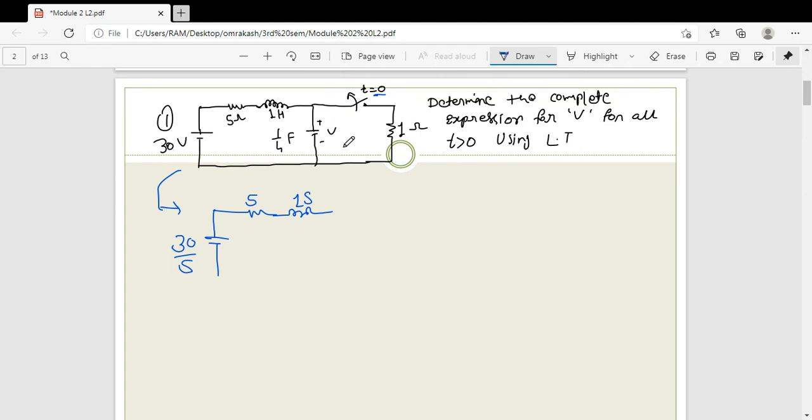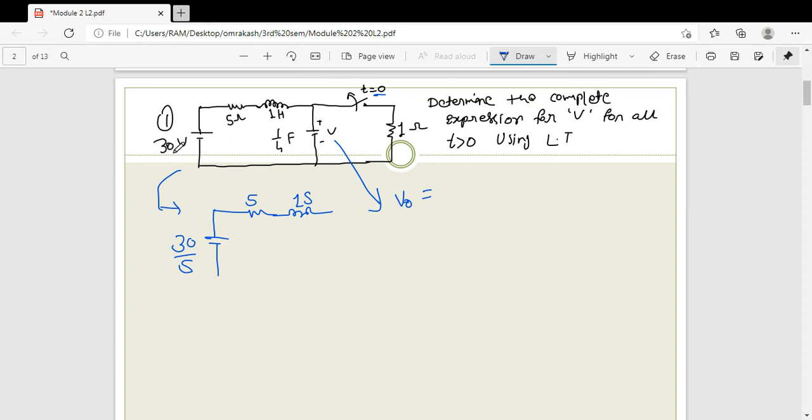So what is the voltage V naught? This 30 volt is connected to the whole circuit. Before switch opening, this is a steady state condition. So the inductor acts as a short circuit and the capacitor acts as an open circuit, right? So 5 plus 1 is 6 ohm. 6 ohm is the total resistance of this circuit.